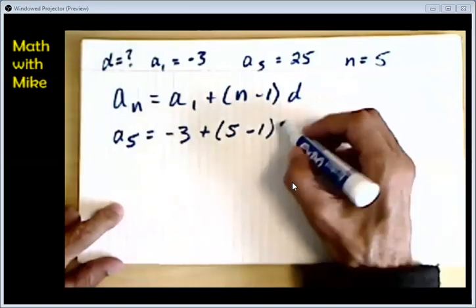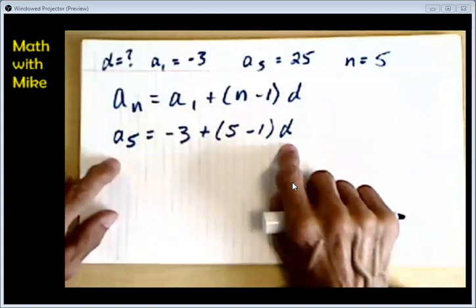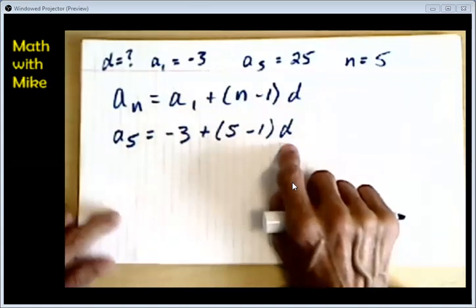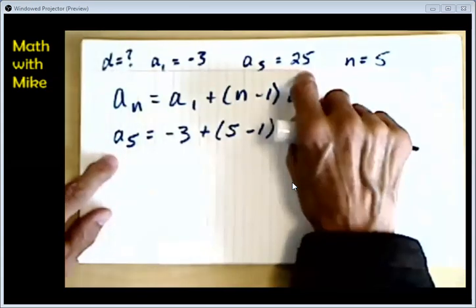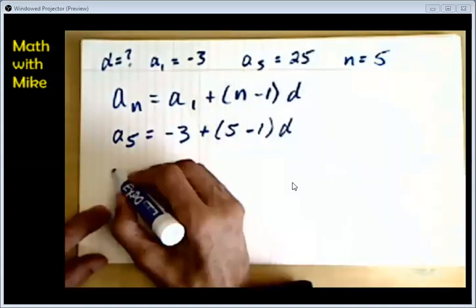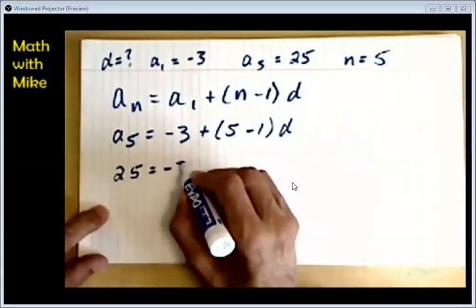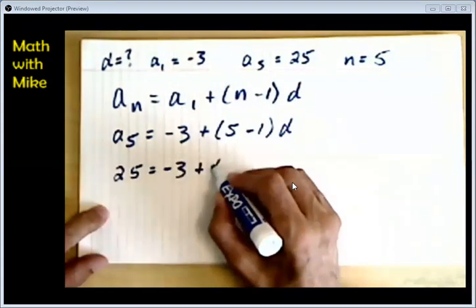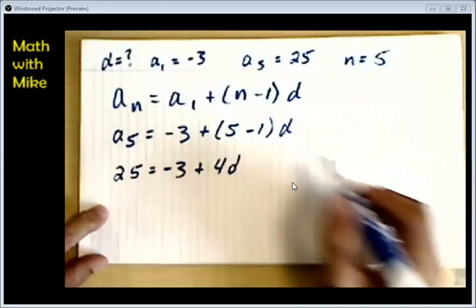Oh, yeah. We don't know. Uh-oh, but it looks like there's 2 unknowns. That's a concern. But we have all numbers now, except for the D value there at the end. Turns into 4. 5 minus 1. Yep.